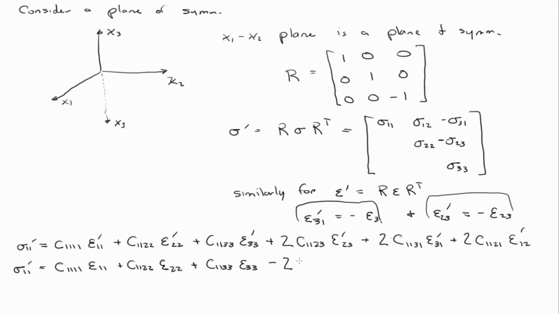So here I have a minus. So then, this is my sigma prime stress, and on the right-hand side, I just made all the substitutions back into the unprimed coordinate system according to that reflection.